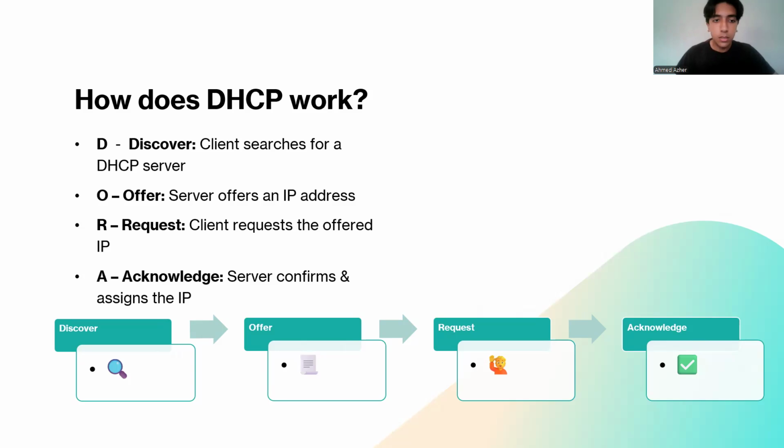And then in the next part, the client requests the offered IP, and in the fourth part, acknowledge, the server confirms and assigns the IP. So basically, that's how DHCP works.